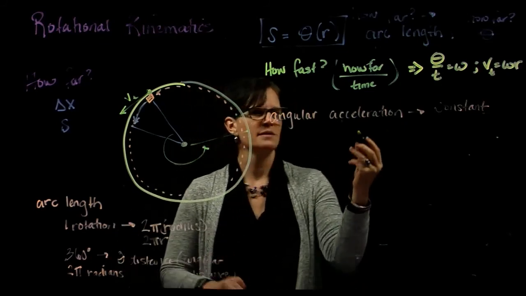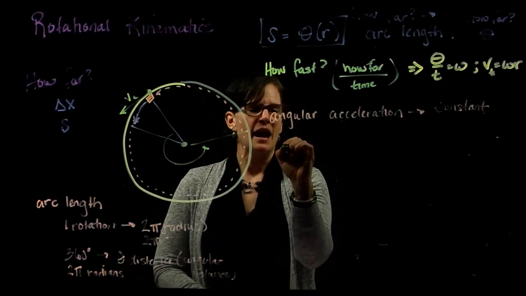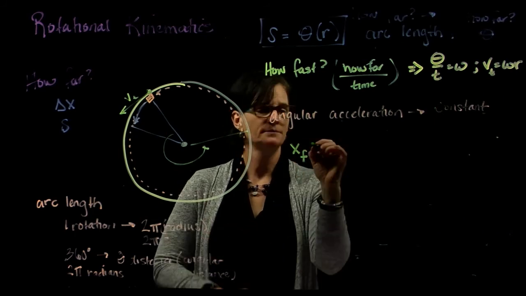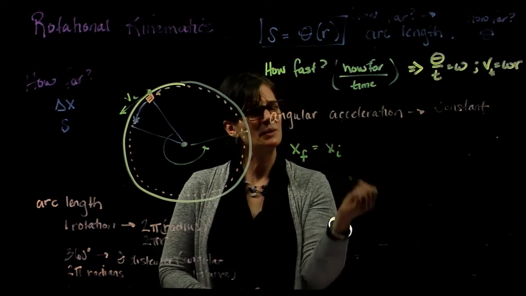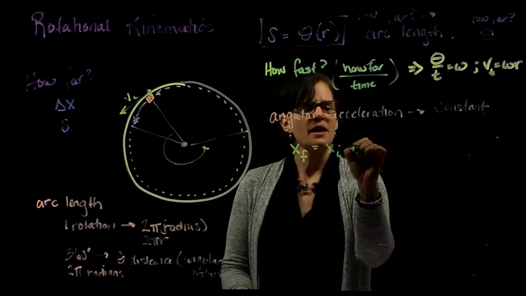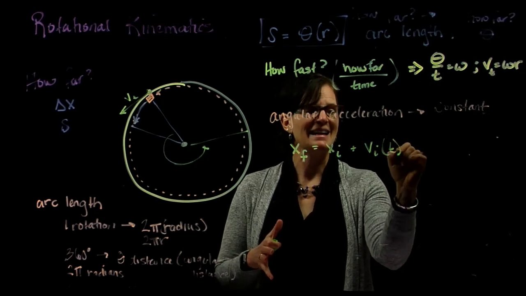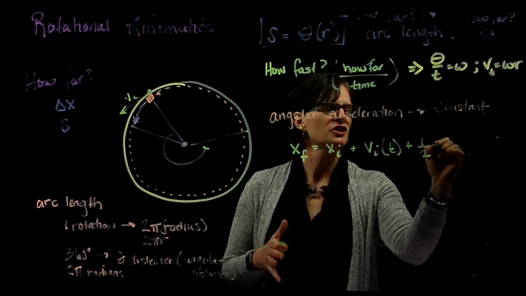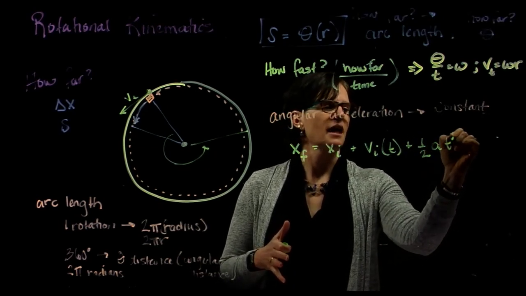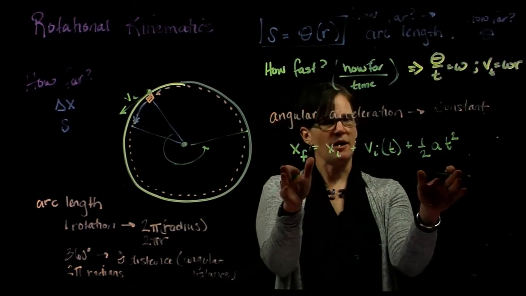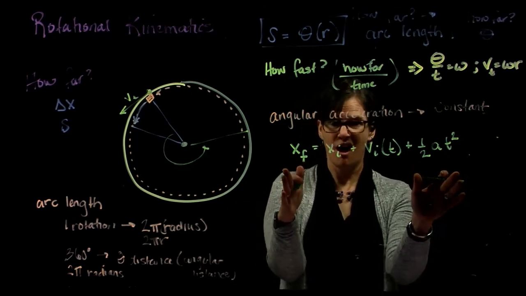Okay, so if I want to know where I end up in the linear world, remember I have to know where I started. And then we had this combination of knowing how fast I was going at the beginning and how much that velocity is changing by. So this was that really powerful equation that we use a lot.